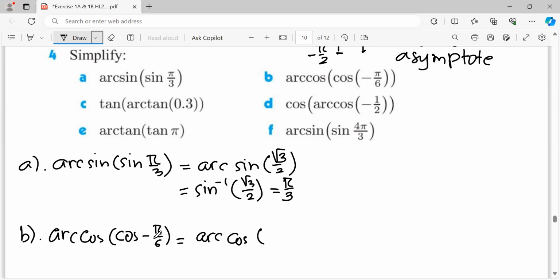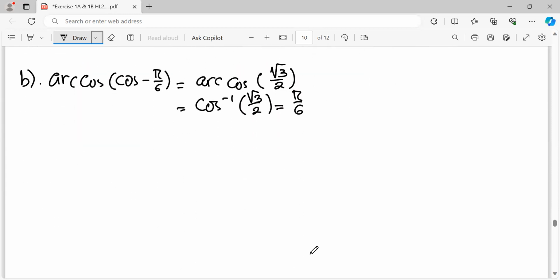Cosine minus pi 6 on calculator is root 3 half. So cosine inverse of root 3 half equals pi over 6. See?